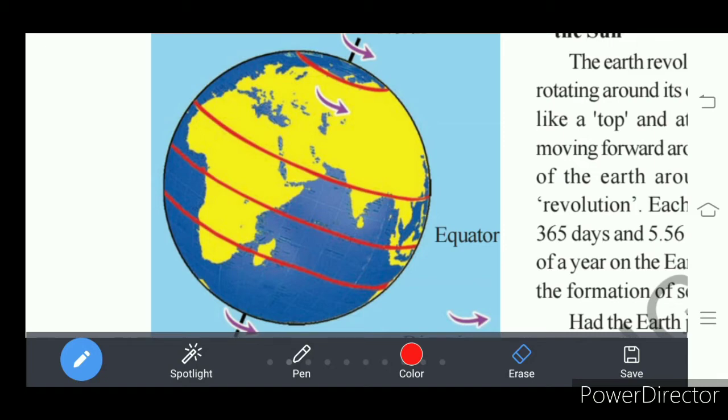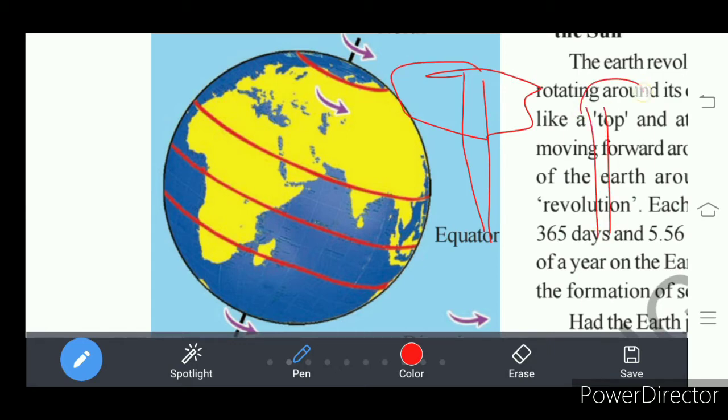See, where the temperature and rainfall are high, there we see tall trees grow. That is the equatorial region. And where it is very hot, in a desert area, there is no tree cover.